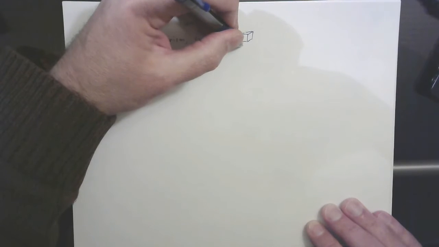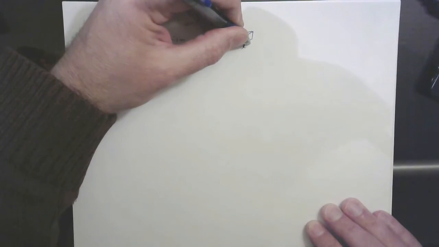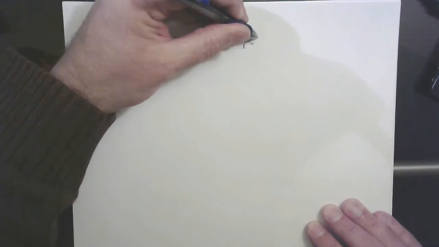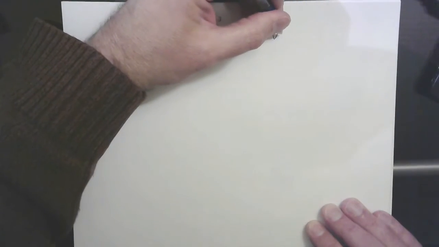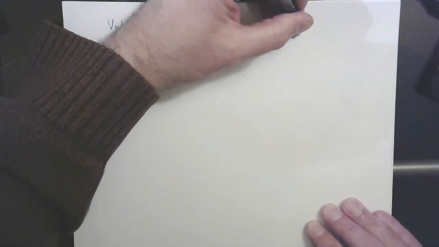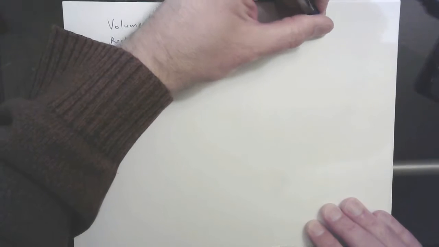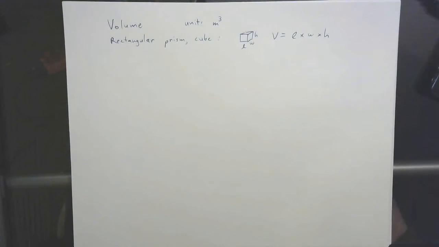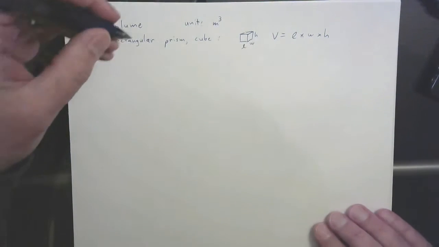It's got some length, some width, some height. So the volume is length times width times height. And of course, the units for all those things are meters, so the end result is cubic meters at the end.